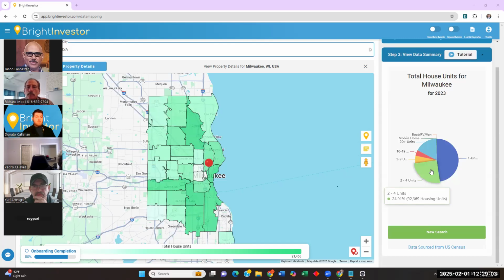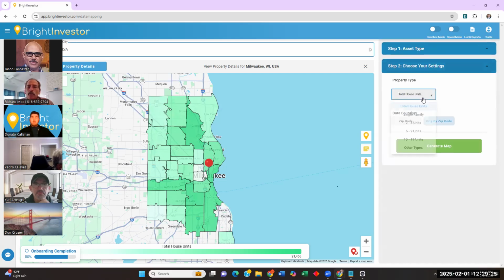You may recall that my rule of thumb is 10%. If you want a type of property, it should be at least 10% of the market, so you have a good chance of getting that type of property. In this case, only about 6% of Milwaukee is 5 to 9 unit buildings. So we're going to have a harder time finding 5 to 9 unit buildings across the entire city.